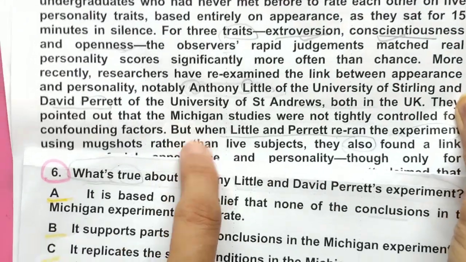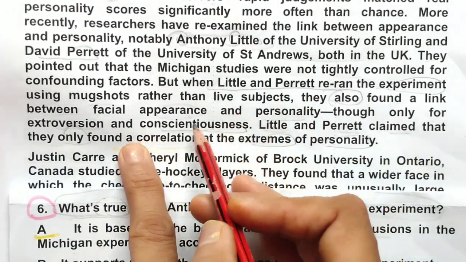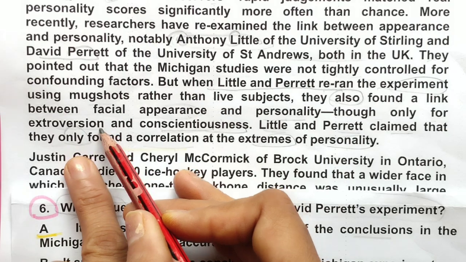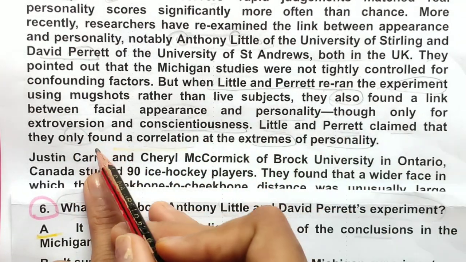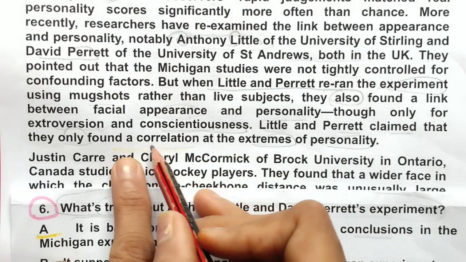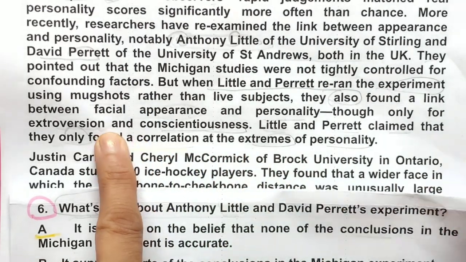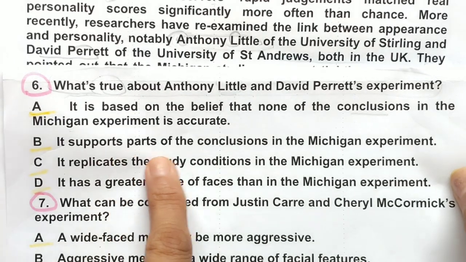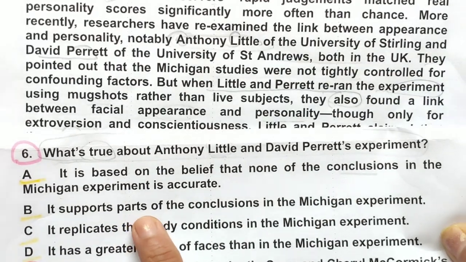But here Little and Parrott, because we have to read this paragraph fully, have found only these 2 things, and claimed that they only found a correlation at the extreme of personalities. Only some portion. It supports parts of the conclusion in the Michigan experiments.